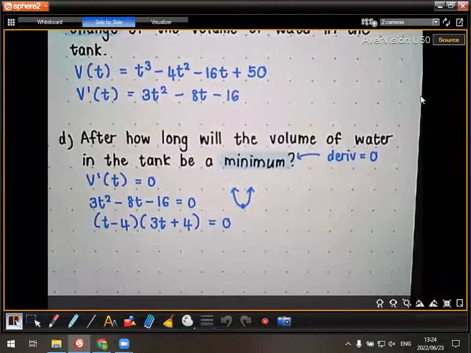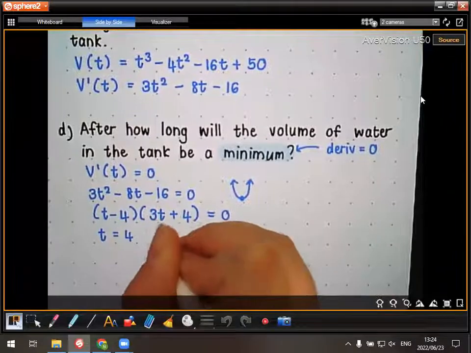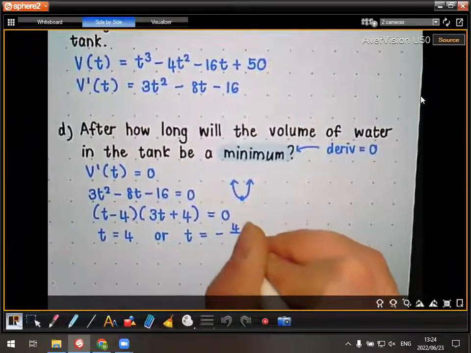Or you can just use the quadratic formula, no problem with that. I'm just a bit lazy. I don't feel like writing all of that out now. So now we're getting that t is equal to 4 or t is equal to negative 4 over 3.